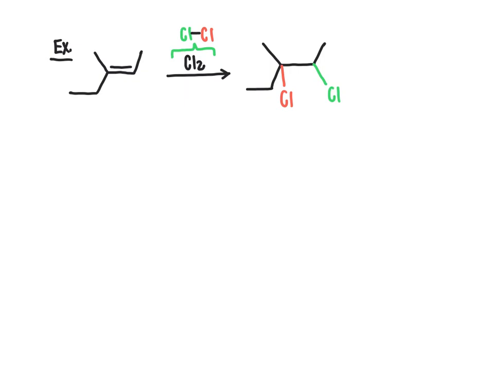And with this particular example where we have two atoms that are identical in the addition reagent, the other product that we could make, or the other hypothetical constitutional isomer, is actually not going to be a constitutional isomer of this other structure at all. Instead, it's going to be identical. So say we put the red chlorine at carbon number 2, green chlorine at carbon number 3.